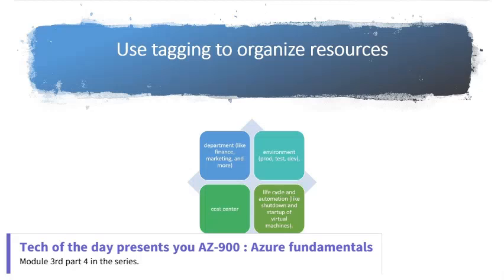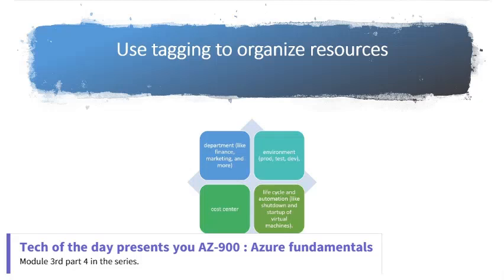So you can add an additional key value pair to your resource, so that in future you can differentiate based on those values. If you want to differentiate different departments like finance, marketing, and more, environment, production, test, dev, cost center, later on you can use those tags to differentiate.